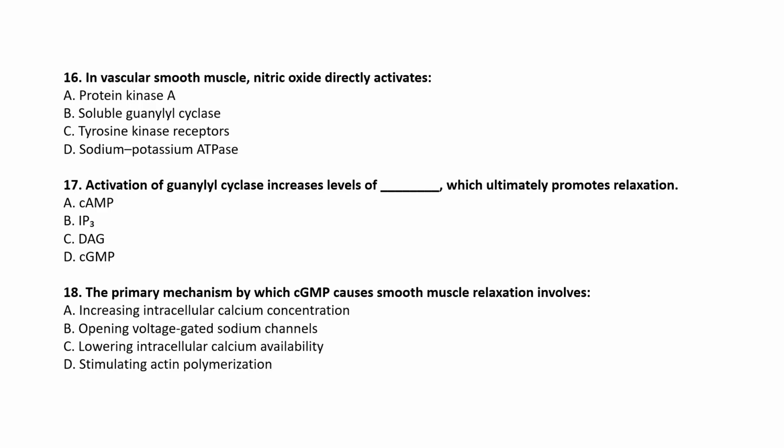So what is the goal of nitric oxide and signaling via cGMP? The final physiological goal is to cause vasodilation. Vasodilation needs smooth muscle relaxation. If we want to relax muscles, think back to skeletal muscles and cardiac muscles.